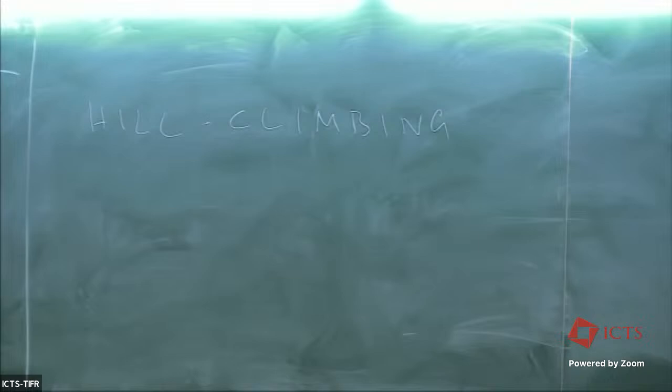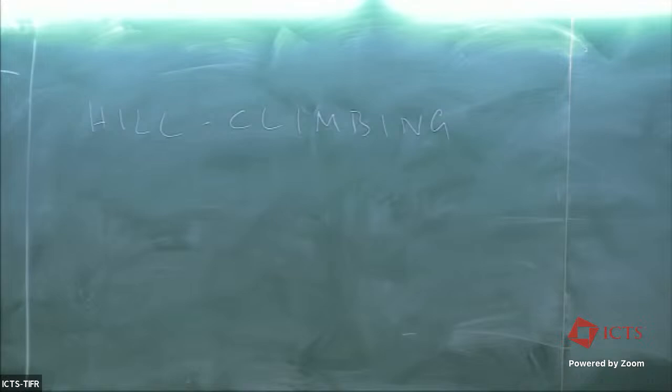Why gradient? Gradient mathematically represents the direction of maximum rate of change. That's a theorem in calculus. So if I want to increase my altitude, I need to move in the direction where my rate of increase is maximum. So what is the opposite of gradient?